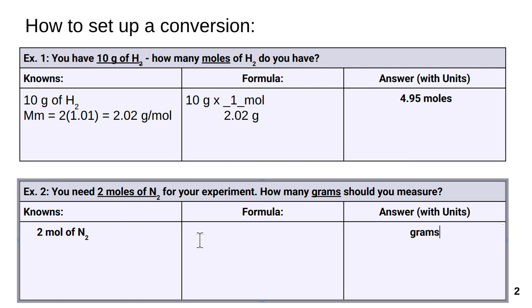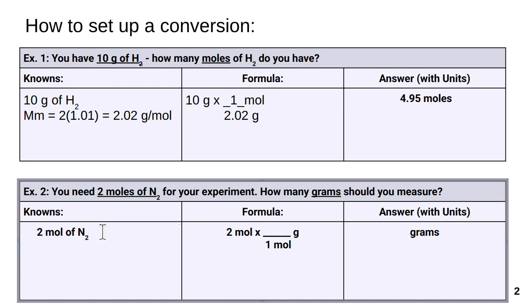I'm going to start with the given piece of information. And then I'm going to make sure that grams are on the top since that's what I'm looking for. And that 1 mole is on the bottom. What am I missing here?